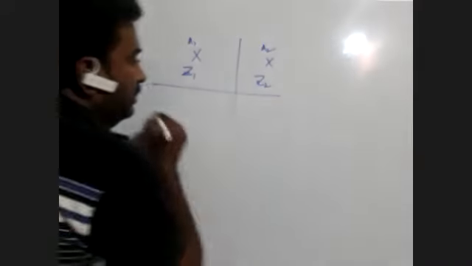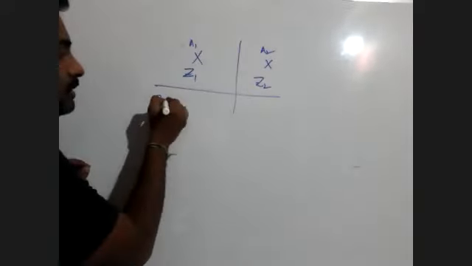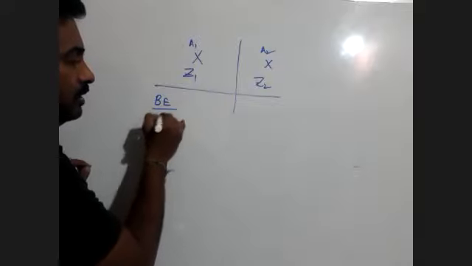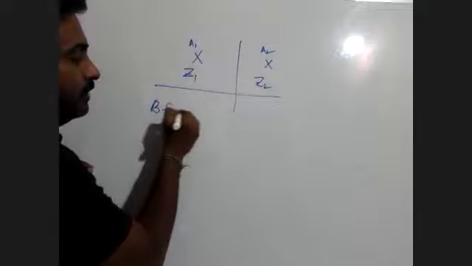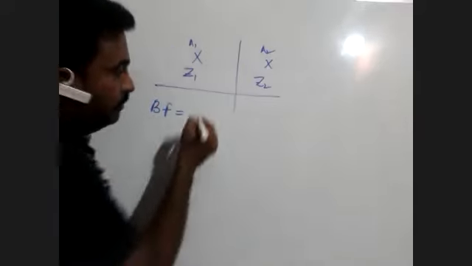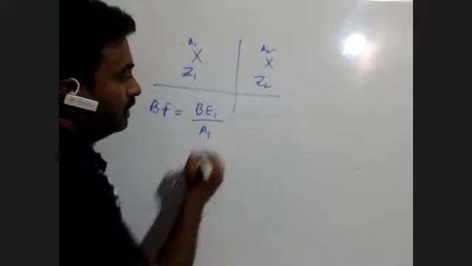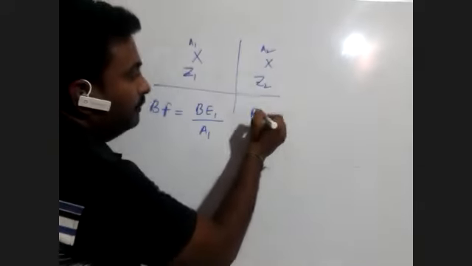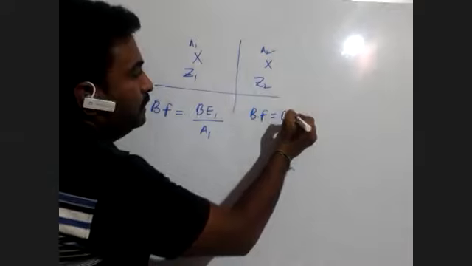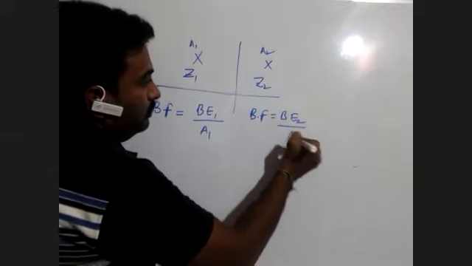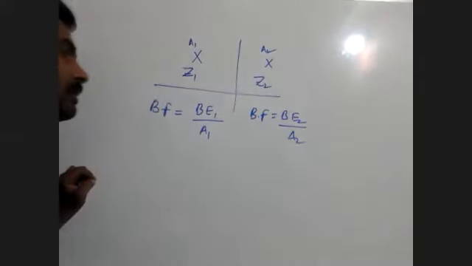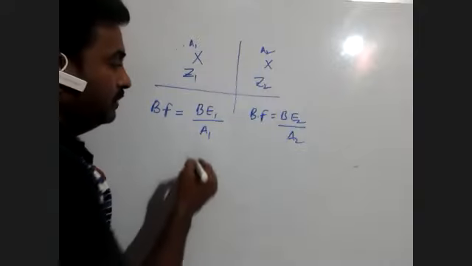Now, the binding energy per nucleon, or binding fraction, in the first case is Be1 by A1, and in the second case it is Be2 by A2.